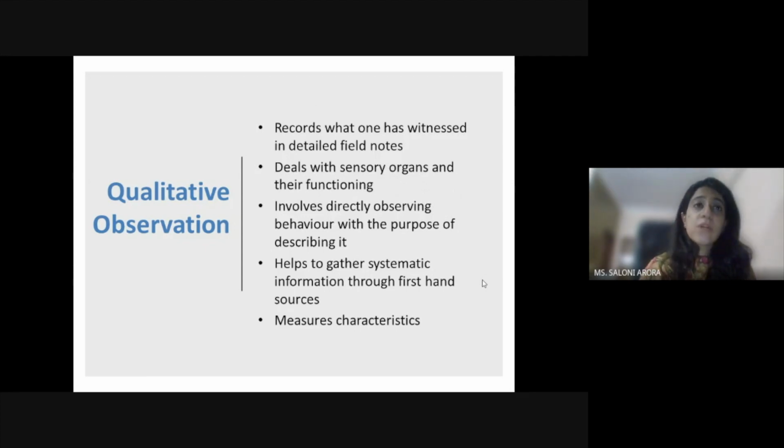Now, for qualitative observation, because the main method here is just observing, you see something one has already witnessed. I'm sitting here observing 10 students in my classroom. I'm teaching a particular paper and I'm seeing each of their reactions. How are they reacting?